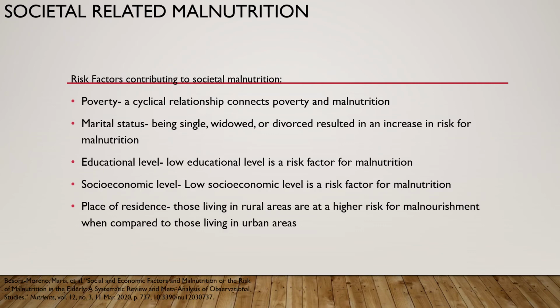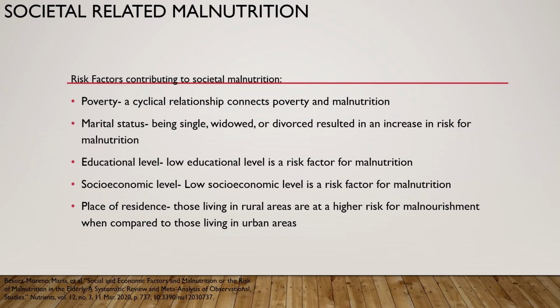Next, we look at societal-related malnutrition. Societal-related malnutrition is the relationship between an individual's social status and the risk of them experiencing malnutrition. How their standing in their community affects or influences their chances of experiencing malnutrition.